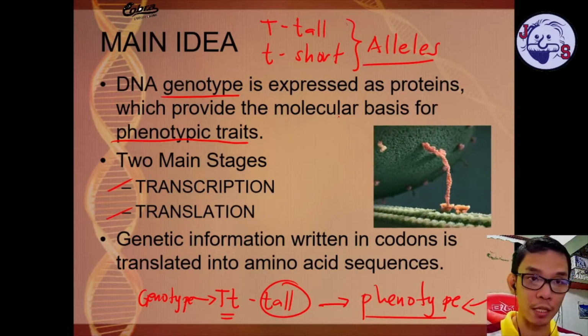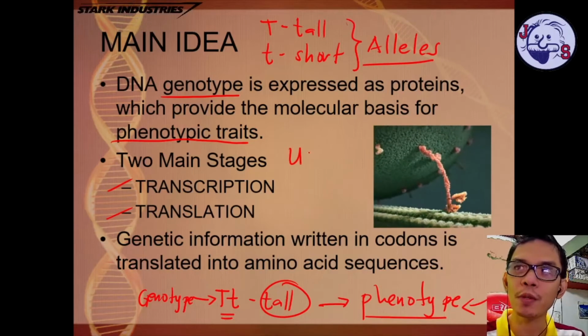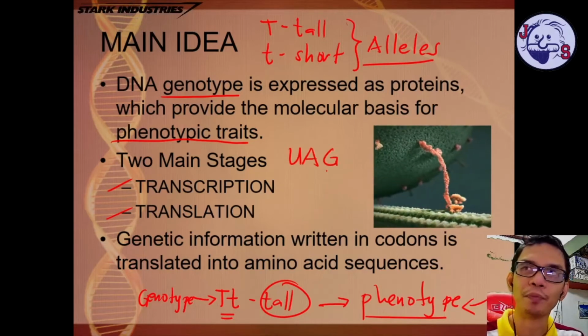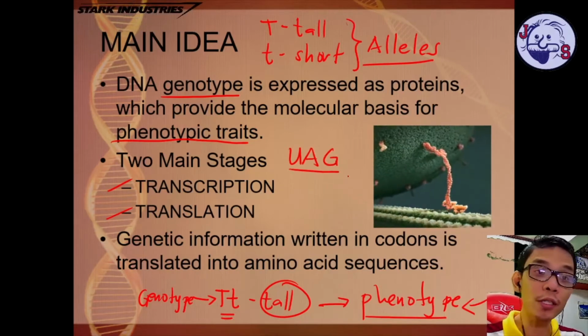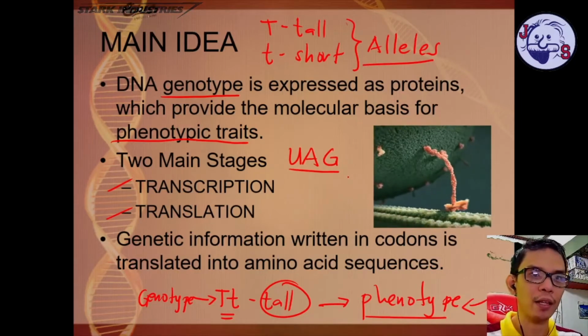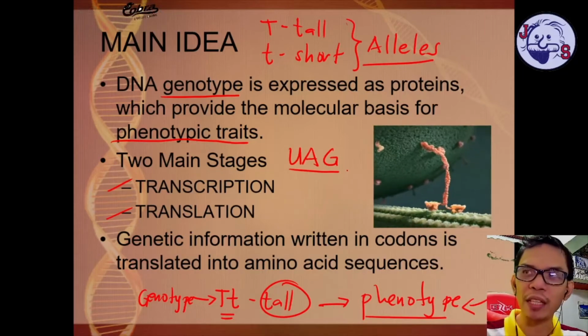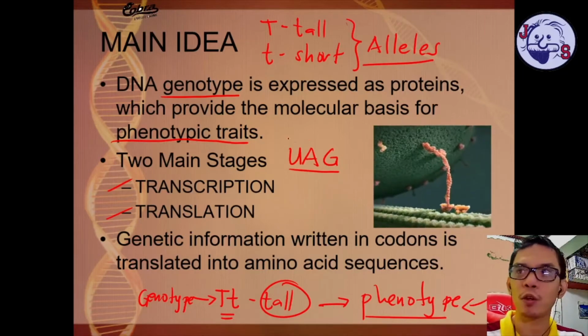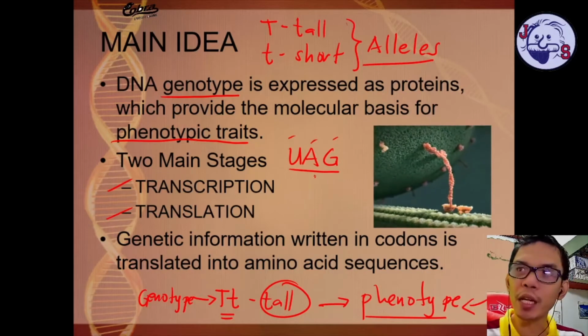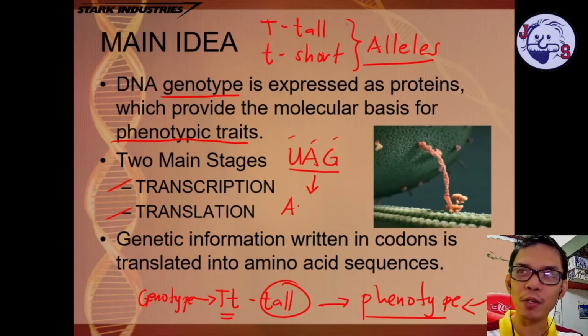For example, I have right here U, A, G. A codon is always made up of 3 bases. So 1, 2, 3. And these 3 bases correspond to an amino acid.